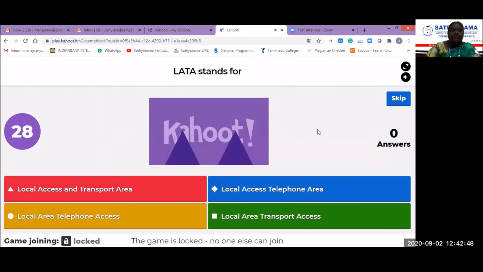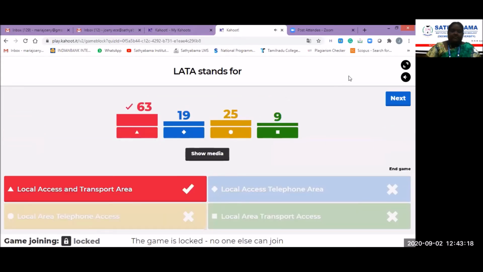So the same questions only I'm repeating, nothing new. Local access and transport area.